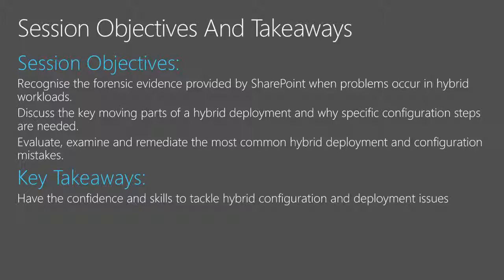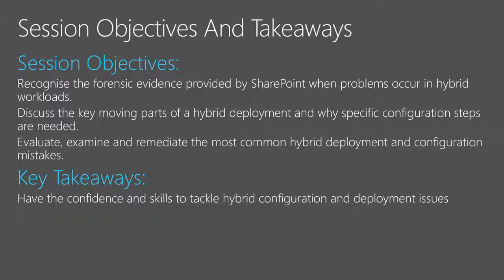It's not that people tend to do those deliberately, but they are common configuration scenarios where people try to look at an environment from a different angle. So we're going to talk about those. And key takeaways, we're sure that you would be able to look at those scenarios and ensure that that's not the reason why your hybrid is broken.